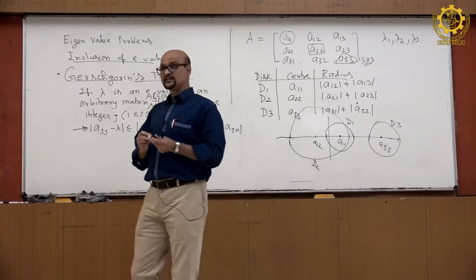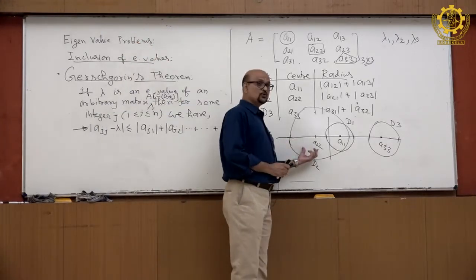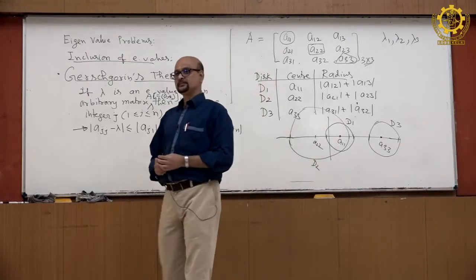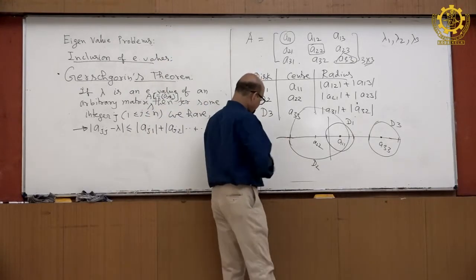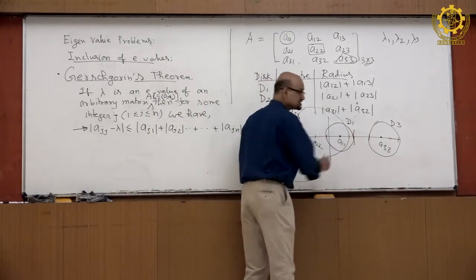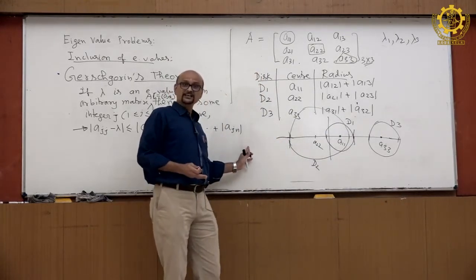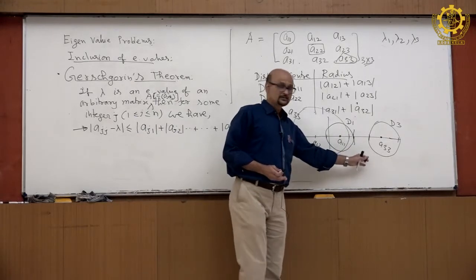So, this theorem tells that you have 3 eigenvalues, where 2 eigenvalues will be in d1 union d2. If those are real, it is from here to here. This is the bound of the eigenvalue. It cannot go less than that or be higher than this.